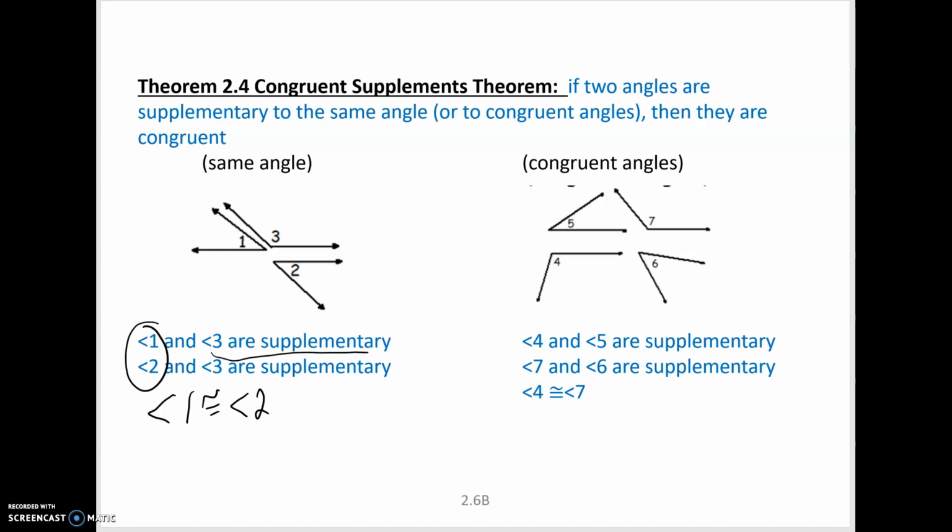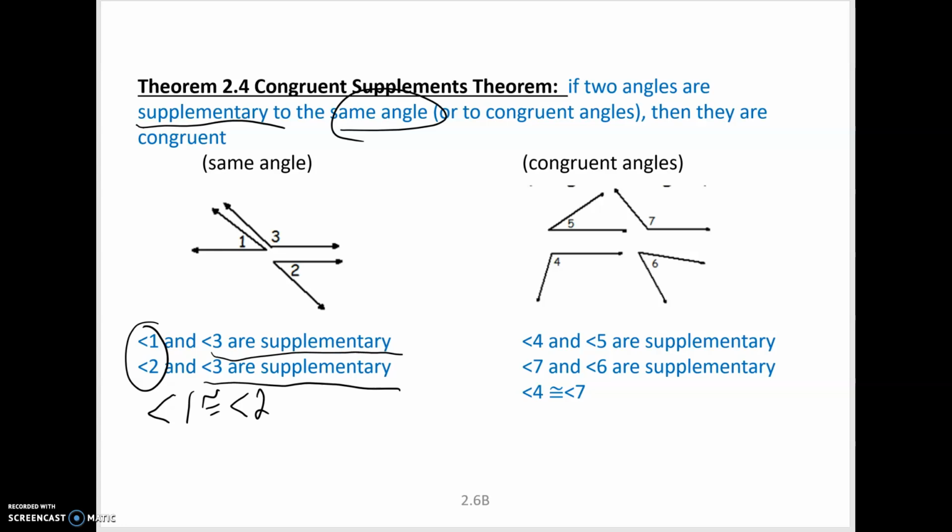Okay, so this is kind of like transitive, but it's different. Okay, this one, it specifically says two angles have to be supplementary to the same angle. So it's not a transitive property, but it is using that idea. Okay, so in this one, angle 1 and angle 2 would be congruent to each other.